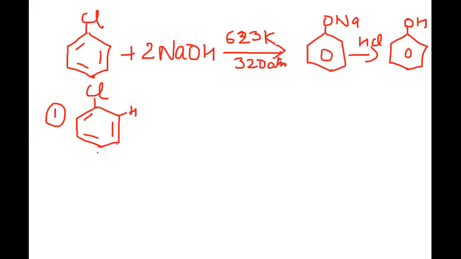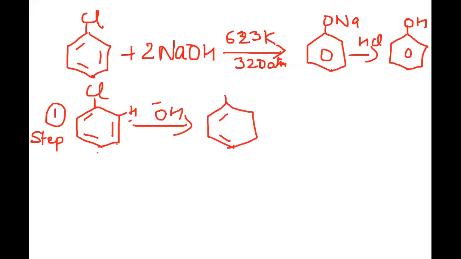In presence of a base, this is the first step that is occurring. In presence of an OH minus, this hydrogen is going to be removed. So you will get a Cl here, and since hydrogen is moving out as an H plus, a negative charge will be left here.